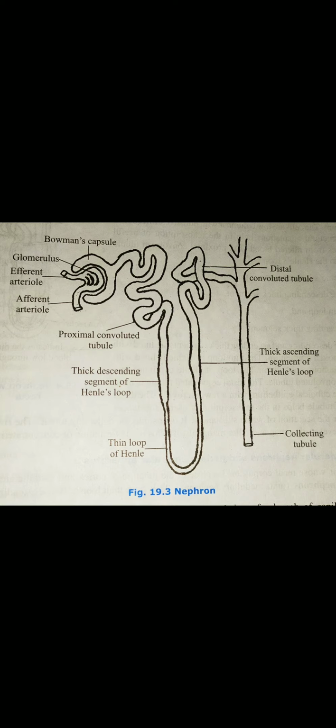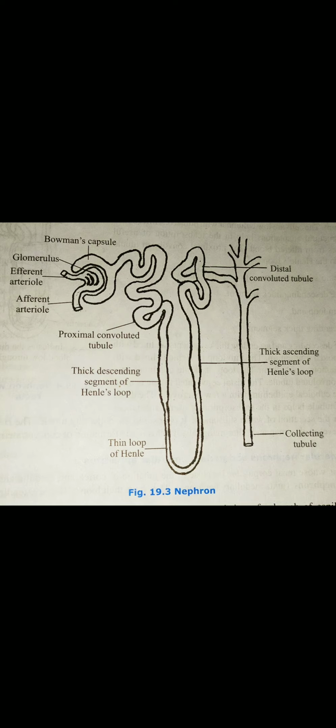In previous class, we had studied the excretory system in human being, which is also known as urinary system. The excretory system in human being consists of four main parts: a pair of kidneys, a pair of ureters, a urinary bladder, and a urethra.